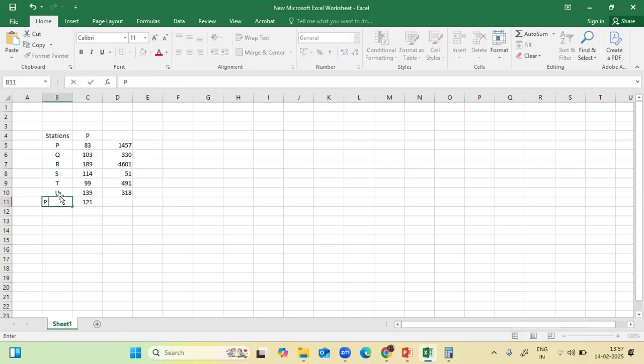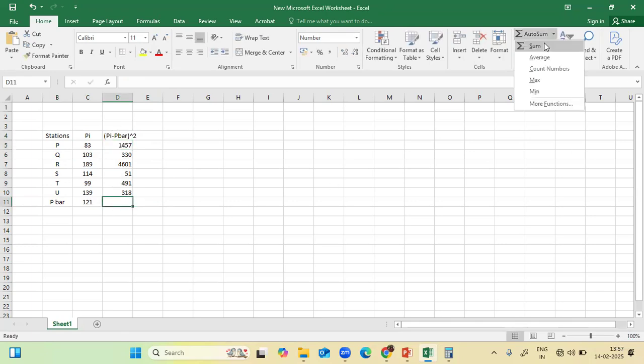This is P bar, and this is Pi. So (Pi minus P bar) whole square is represented in this cell. I'll just sum it up.